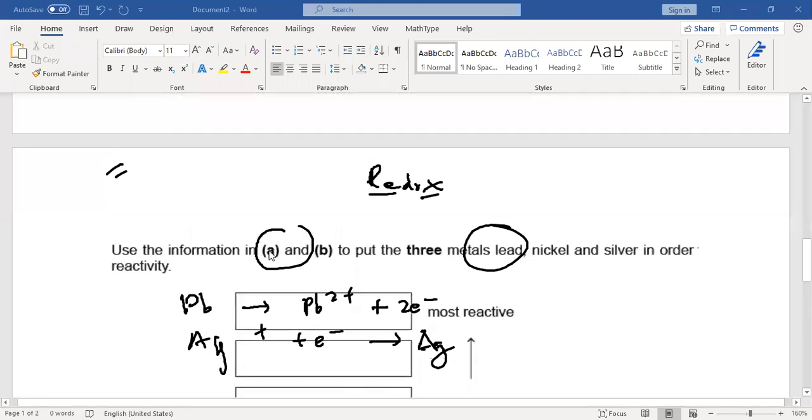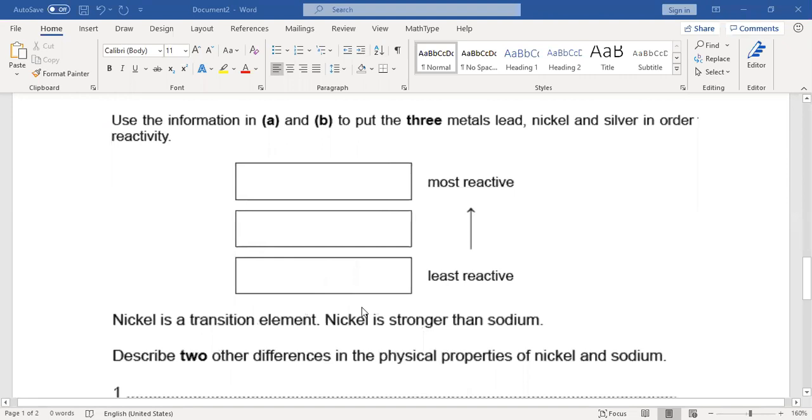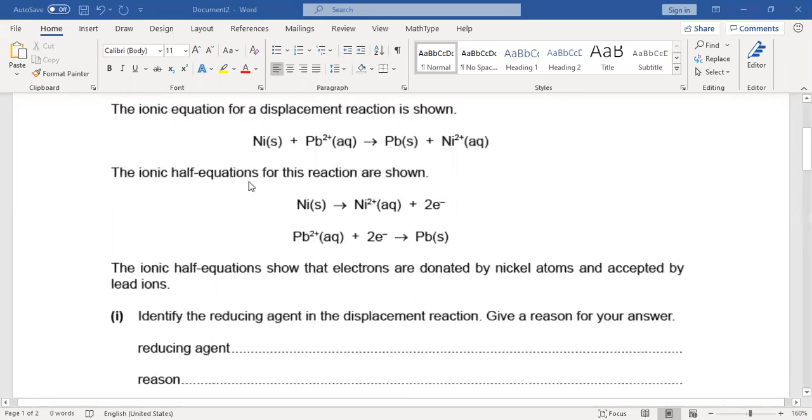Next, how do we use this information to arrange the reactivity of metals? If you see here, going up again, it means that nickel is able to displace Pb, to give Ni2+. It means that nickel oxidizes Pb2+ while Pb2+ is reduced to Pb.